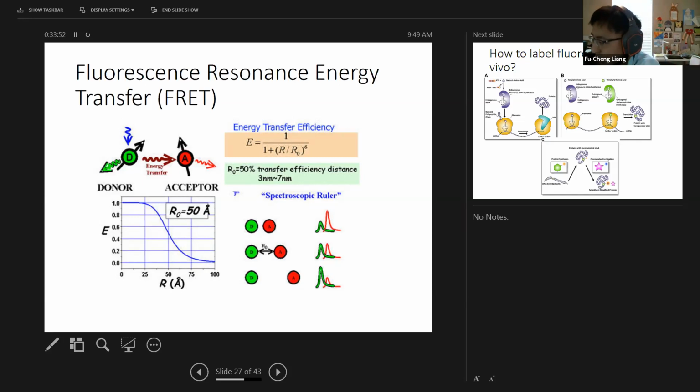R0 is basically the distance at which there is roughly 50% energy transfer between the two dyes. Usually the transfer efficiency range is about 3 nanometers to 7 nanometers distance. So it's very, very small. And people usually use this as a way to monitor the distance between two protein molecules. It's been widely used in a lot of studies using FRET. If you're interested, you can always check on Google.